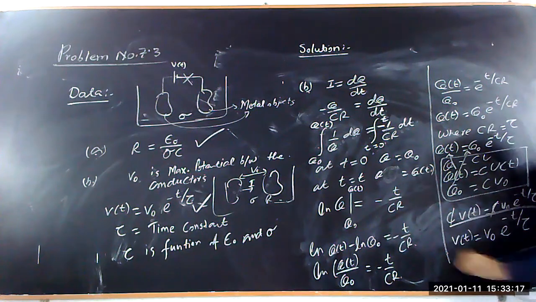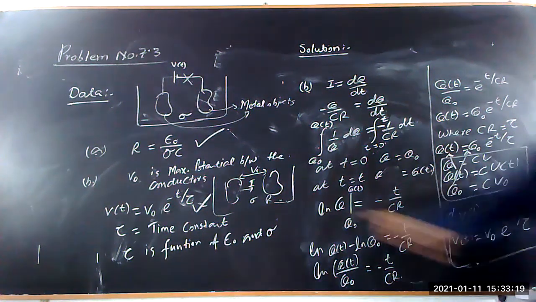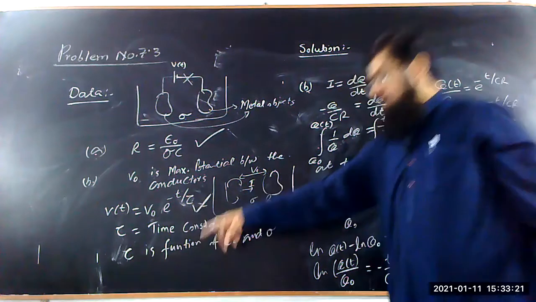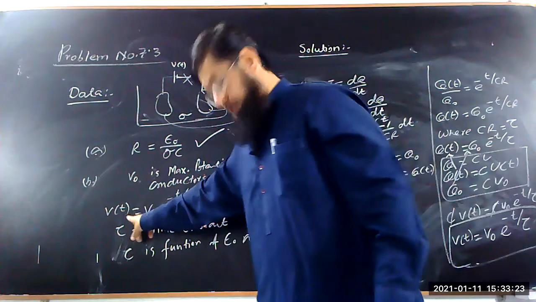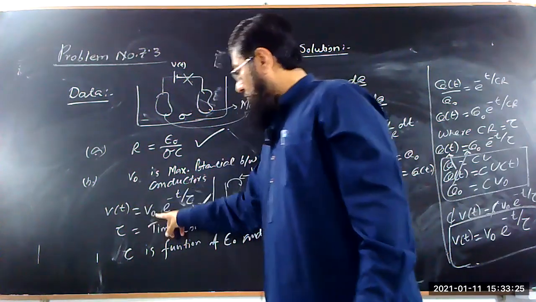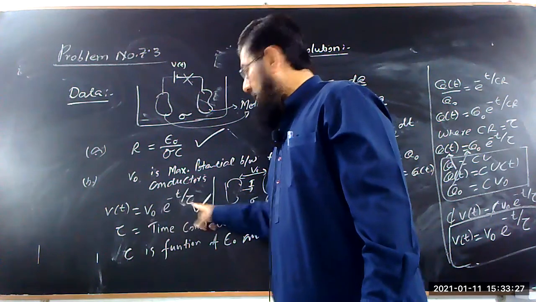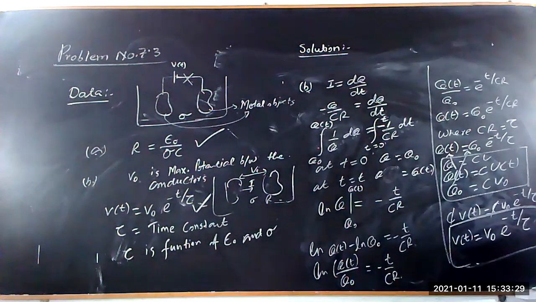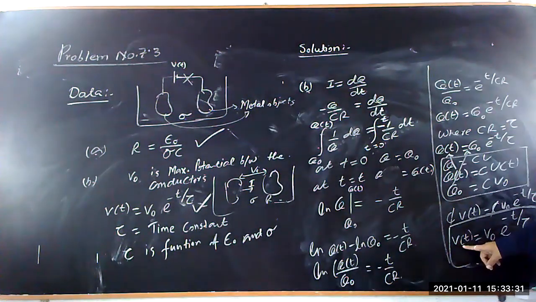So I have proved this equation. Look here, this is V of t. V of t is equal to V naught e raised to power minus t over tau. So I have proved this.